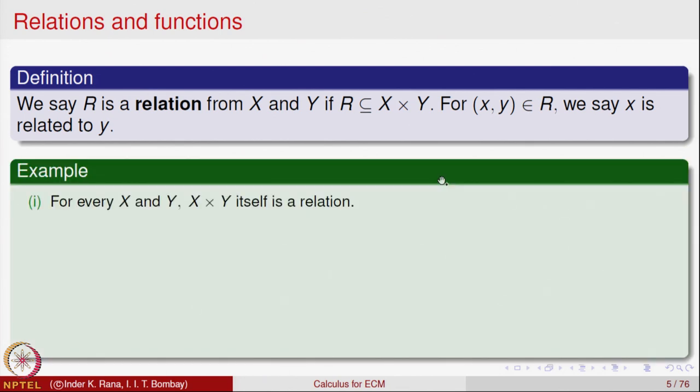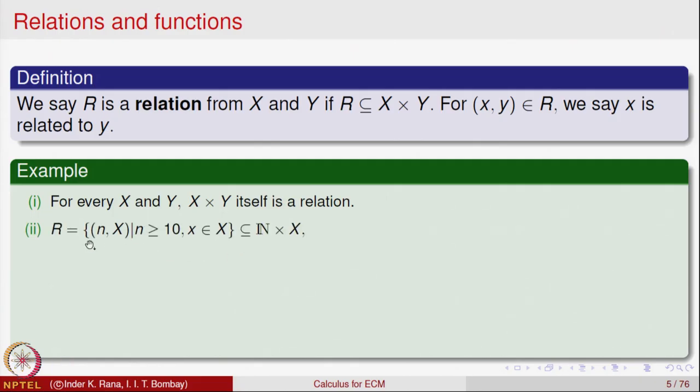So, let us look at various examples of relations. If X is any set and Y is any other set, then X cross Y itself is a relation, the Cartesian product itself. That means every element of X is related to every element of Y, because all ordered pairs are taken into account.